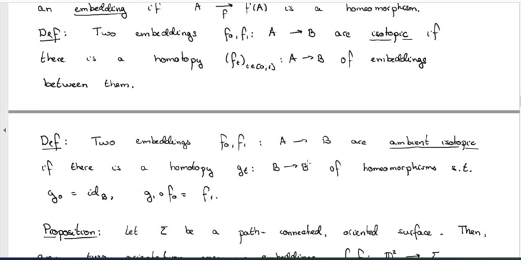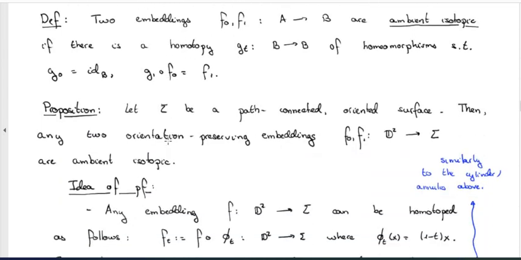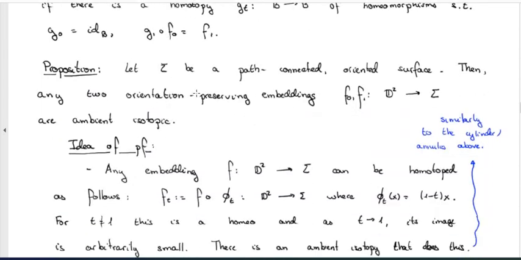So that means that basically I can do a family of homeomorphisms of B that moves f0 to f1. All right. So what is the proposition now? Let's start again. So sigma is a path connected oriented surface. Then any two orientation preserving embeddings f0, f1 of D1 into sigma.